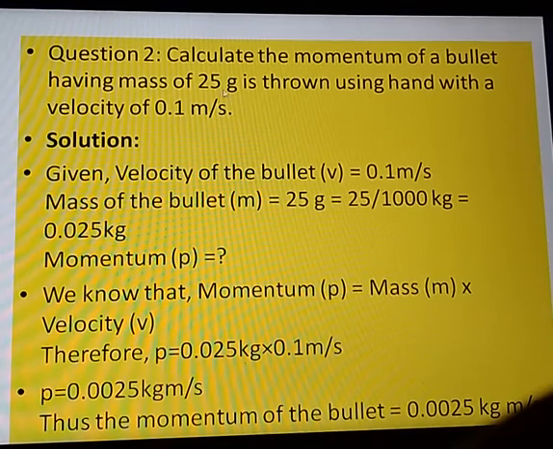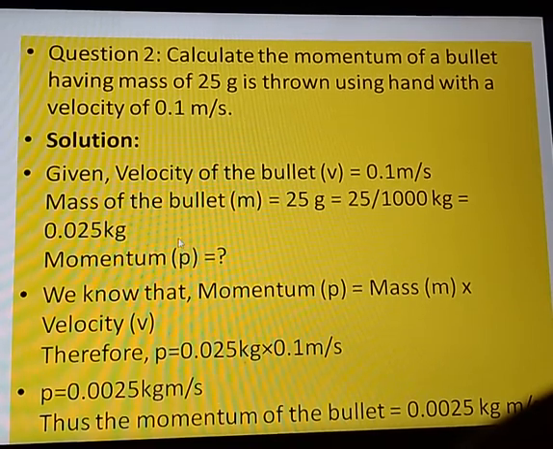In this case, mass is in grams, so you have to notice that we always write the SI units of a quantity. The SI unit of mass is kg. So first we will convert gram into kg. So 25 gram means 25 upon 1000 kg, that is equal to 0.025 kg.